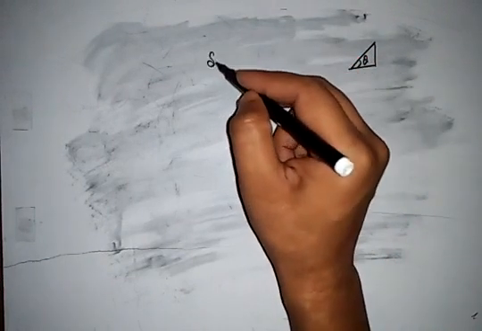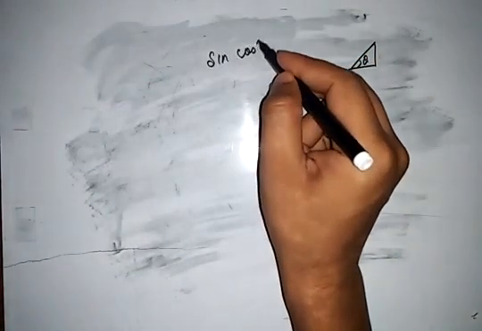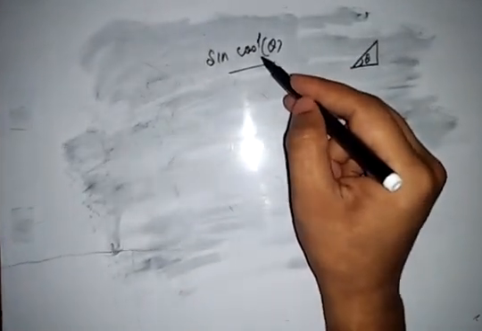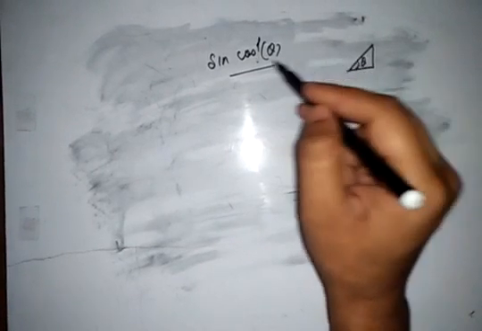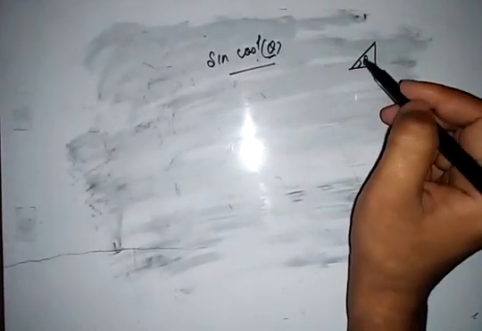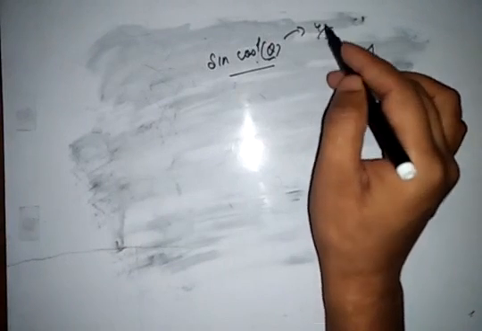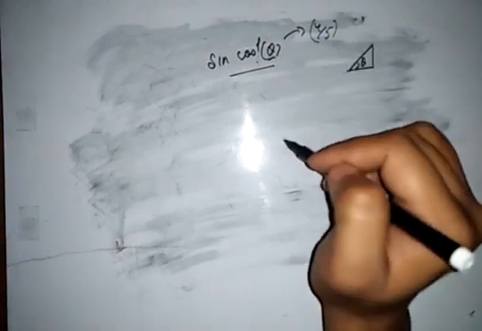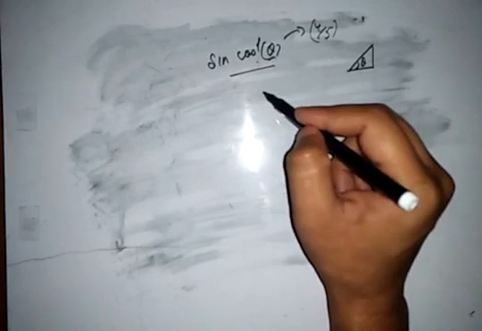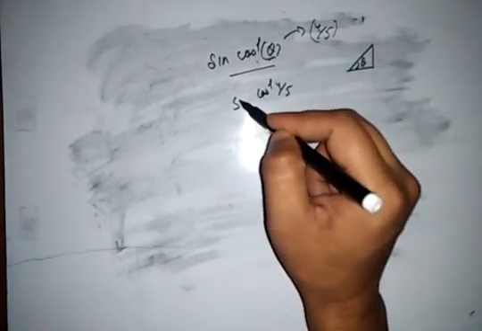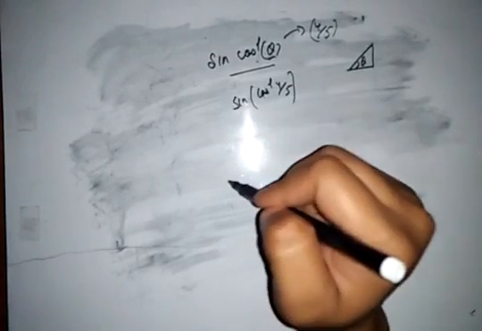Whatever is given, suppose sine of cos inverse of some value, as I have told you in the previous class, try to convert it. Suppose cos inverse of 4 by 5 is given and you have to find this value.